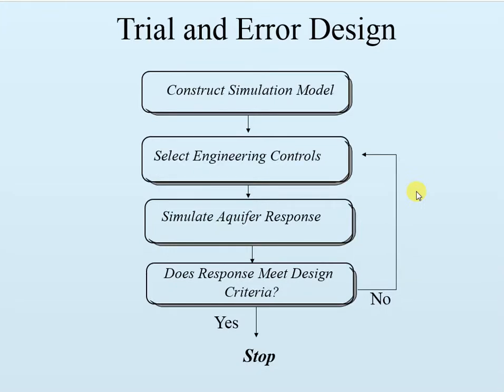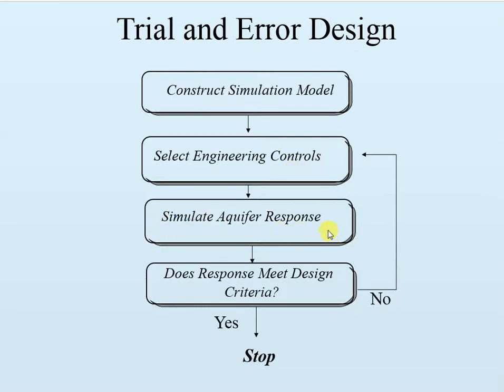I'd like to contrast two approaches to solving design problems with a simulation model. The first I call a trial and error design approach. We construct a simulation model. We select some engineering controls. For example, we select some pumping rates.